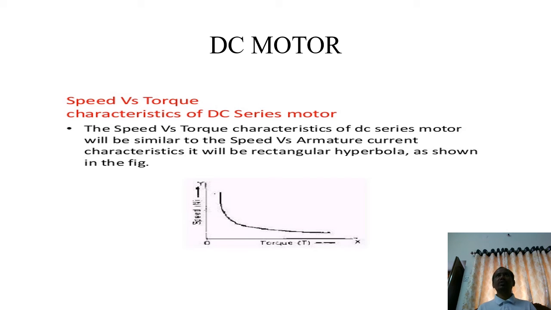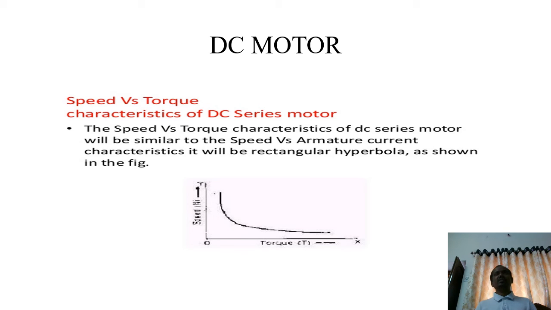As load increases, the curve slowly decreases from the maximum point. These two conditions give two characteristics. The third one is the torque versus speed characteristic, which is similar to speed versus armature current. You can draw these two curves. These show the performance of a DC shunt motor when it is working, right?